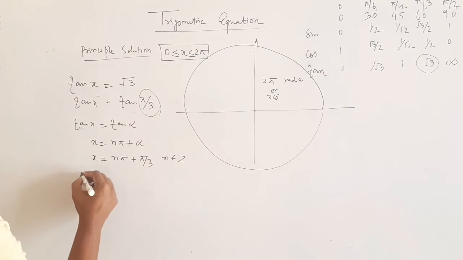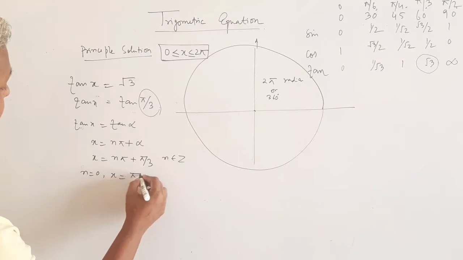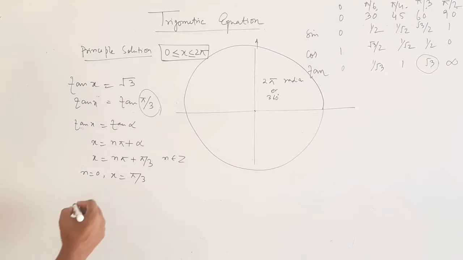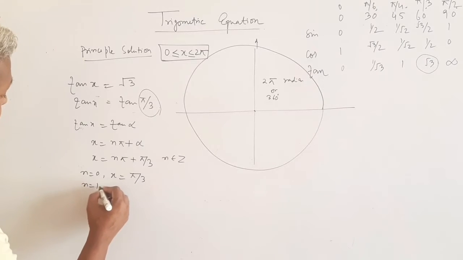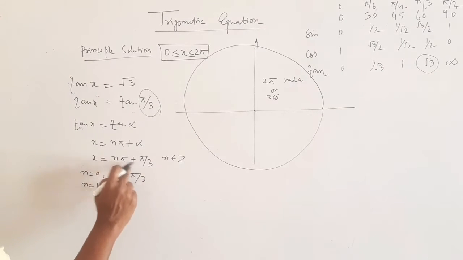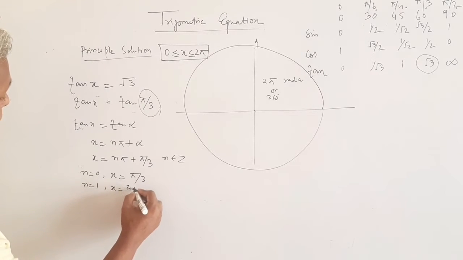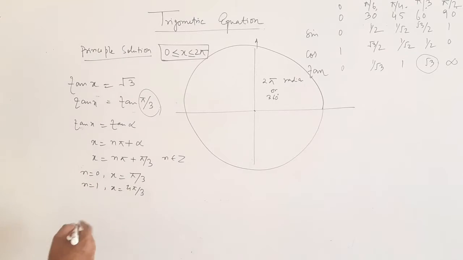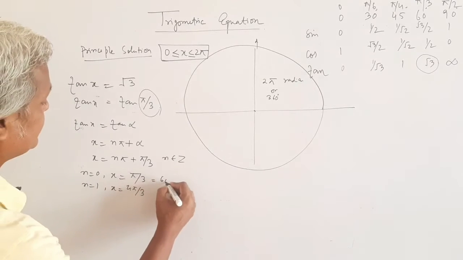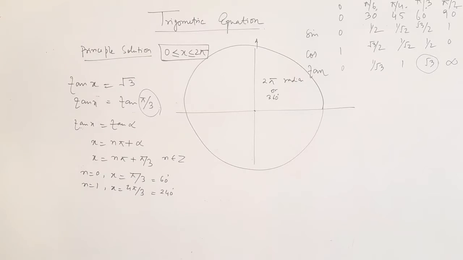Now we have to find the values of the principal solutions. Suppose n equal to 0, then x equal to pi by 3. This is the first value. If n equal to 1, then we get pi plus pi by 3, that is 4 pi by 3. In degrees, this is 60 degrees and this is 240 degrees.